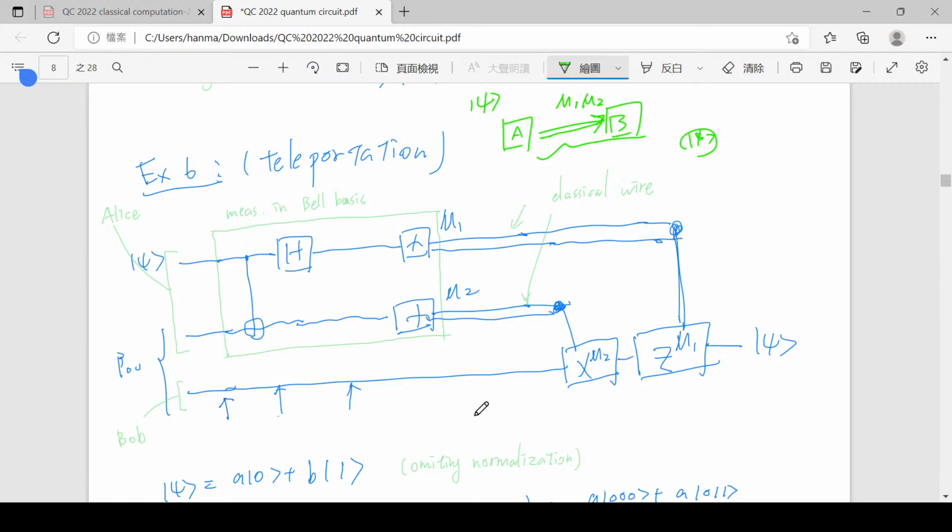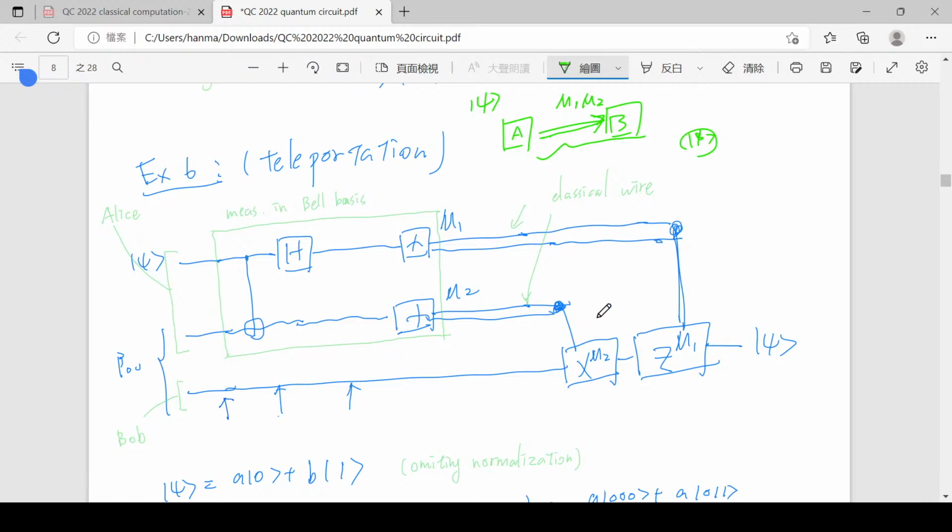So if you are writing a quantum circuit, and sometimes we will do adaptive things, we'll do some measurement, and there is some classical data as the measurement result, and those classical data will use double wires, double lines, to represent. Anyway, so there are double classical wires, and Alice is going to send those to Bob.